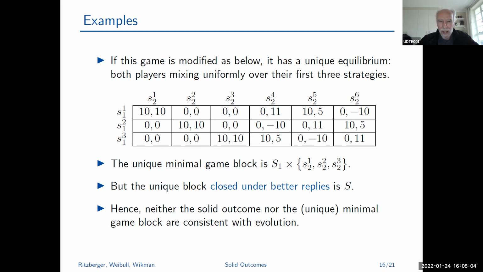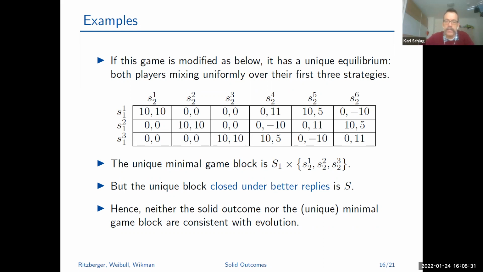Evolution would say, oh, wait a bit, here things never settle. The only block that is closed under better replies, so the only block that can be stable in some evolutionary dynamics from a pretty wide class, is the whole strategy space. So evolution here would go up and down and back and forth. But that's fine. We have many games like that. No, that I don't mind.